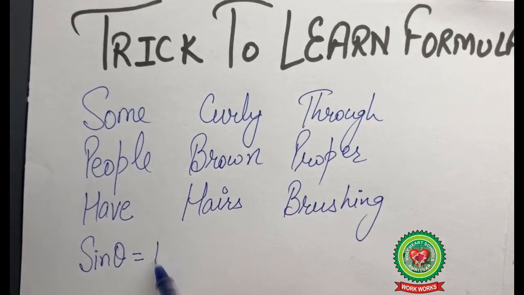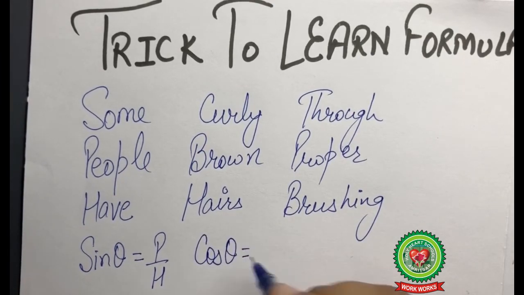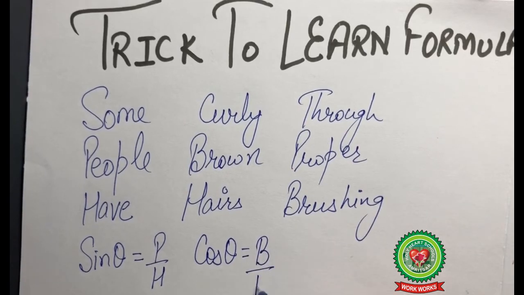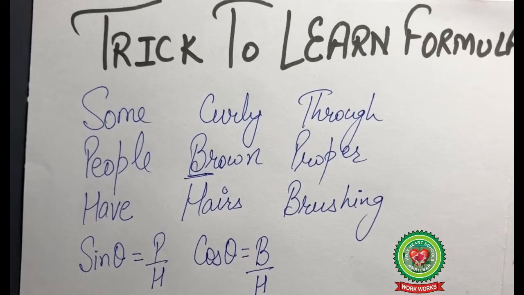So it will be P upon H. Similarly, the other 2 formulas can also be formed. That is cos theta will be equal to base upon hypotenuse. And tan theta will be equal to perpendicular upon base.